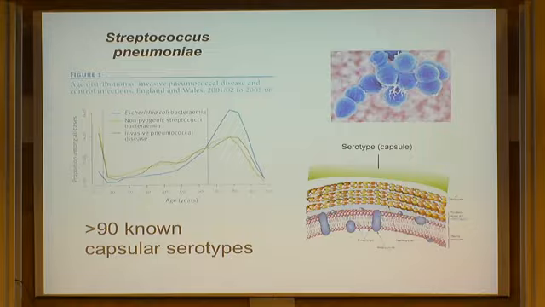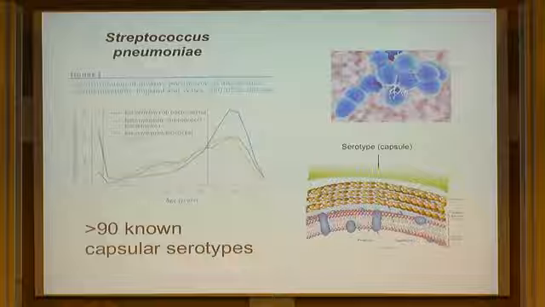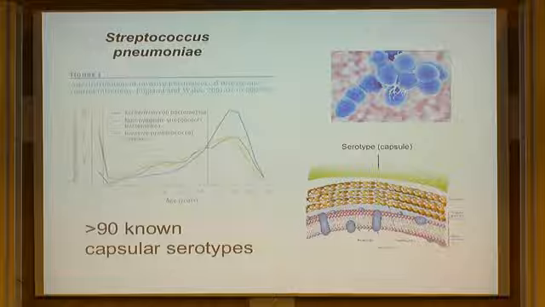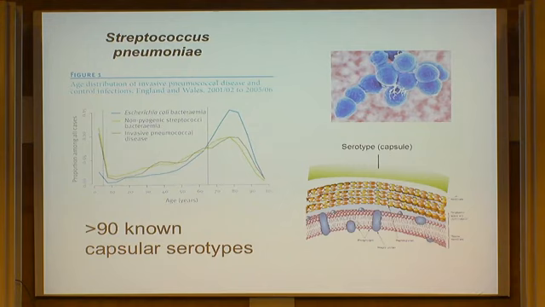So different serotypes of pneumococcus, which are effectively different antigenic types, co-circulate in the population, and these are all stratified on the basis of what kind of capsule the bacterium carries.